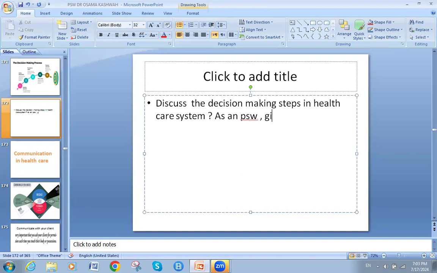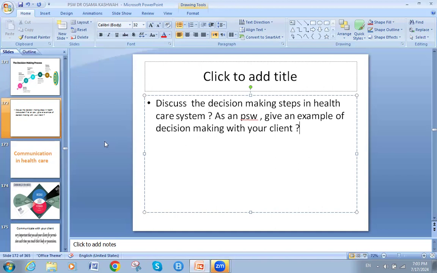Give an example of decision making with your client. So just give me an example of a decision making with your client.